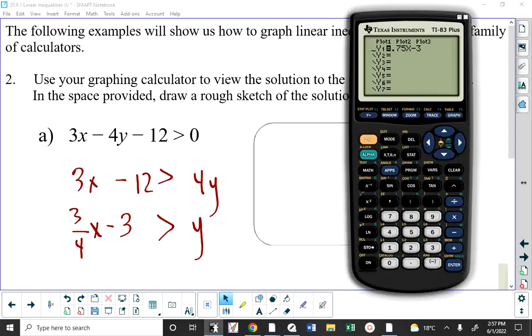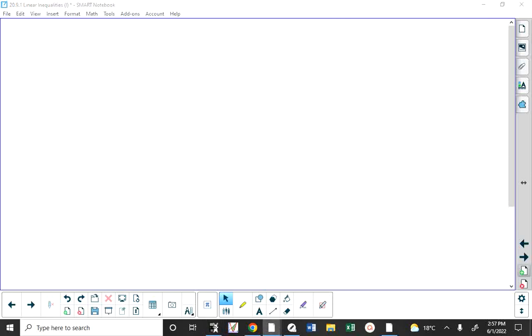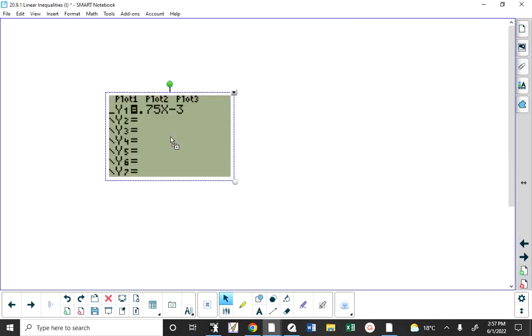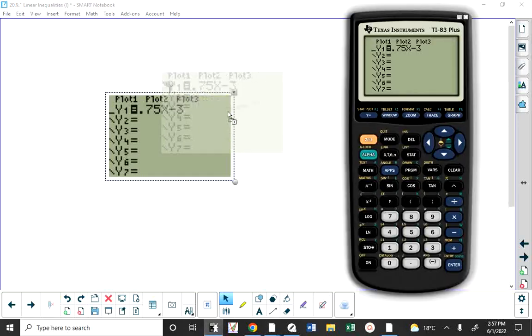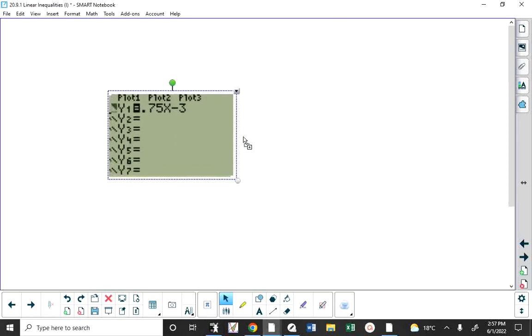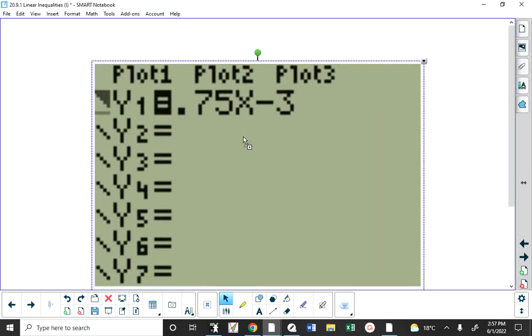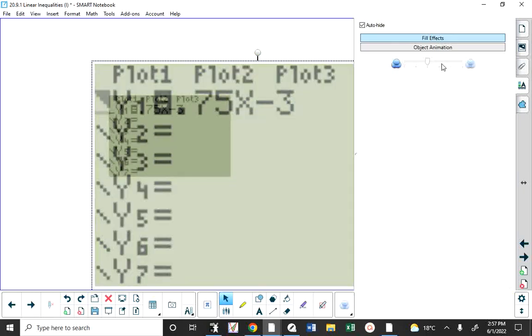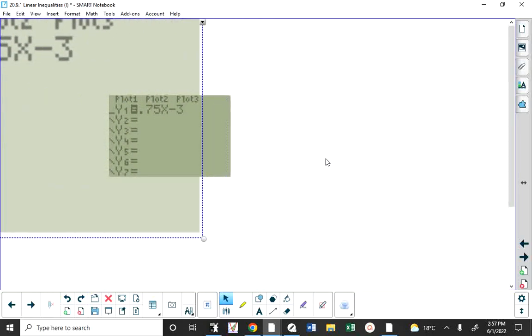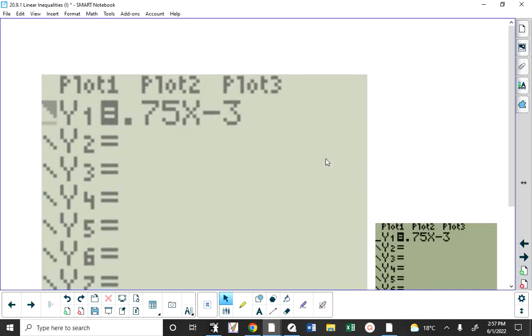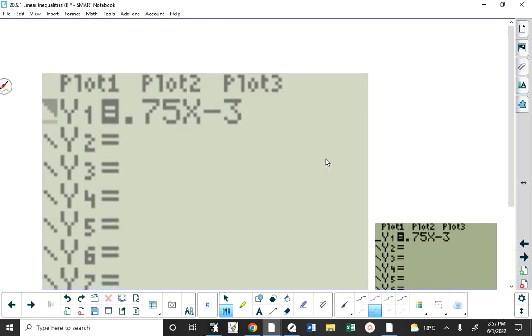Let me see if I can capture that. Now, what that triangle is a shading. This is your screen, and this is a line. So that is showing shading above the line.